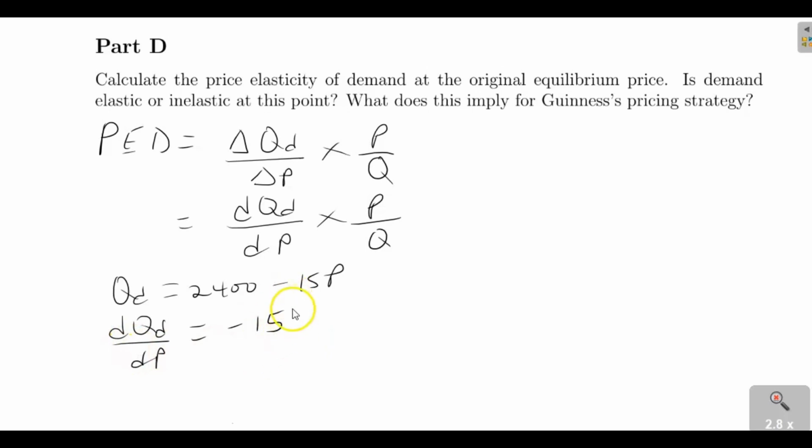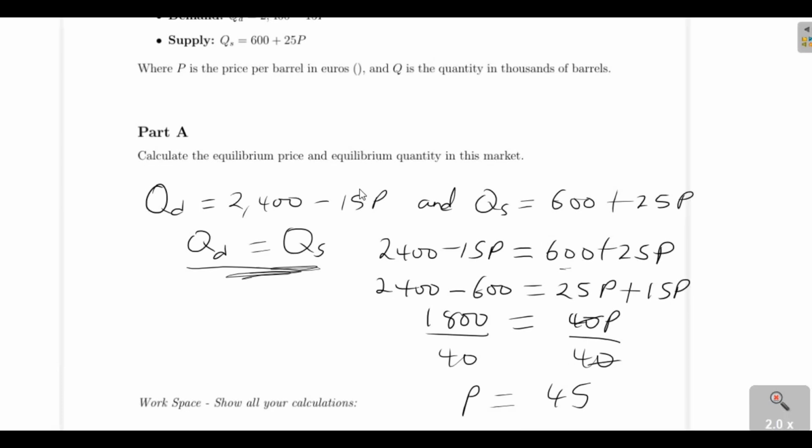So let's put that into our formula. The price elasticity of demand becomes negative 15 times P over Q. Now, what was the equilibrium price? Here we are using the equilibrium price and then the equilibrium quantity. So let's go back and look for the original equilibrium price and quantity that we found.